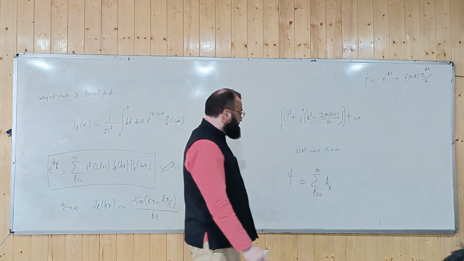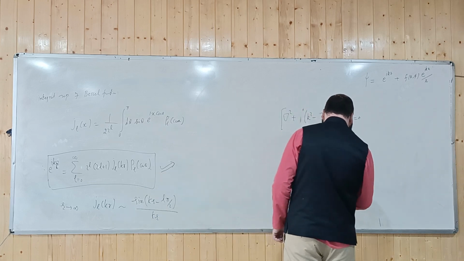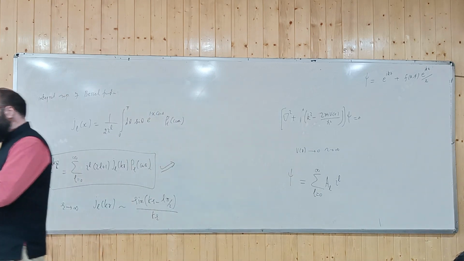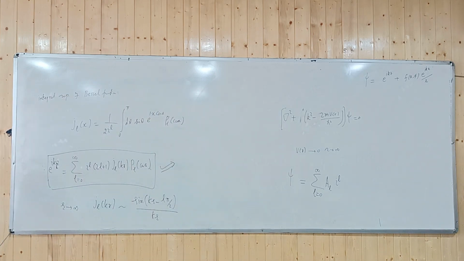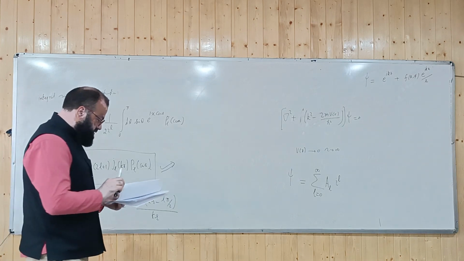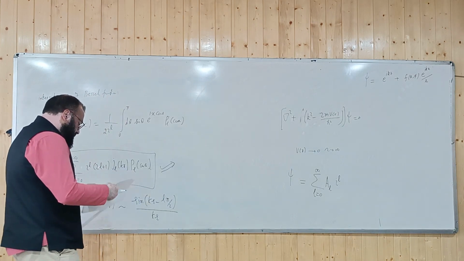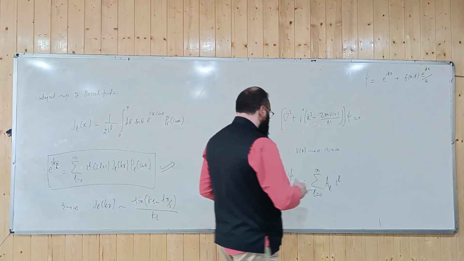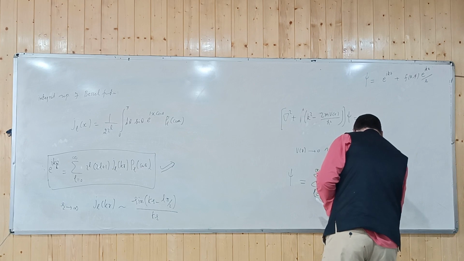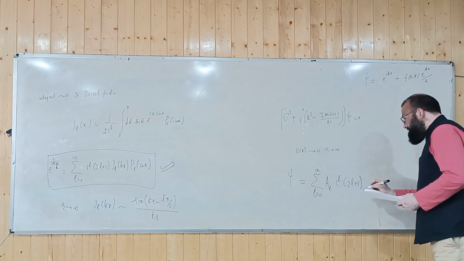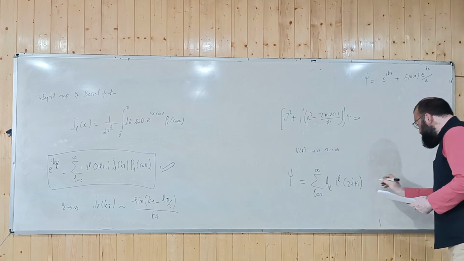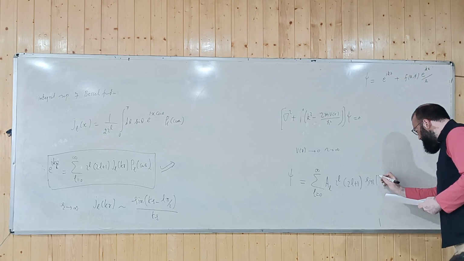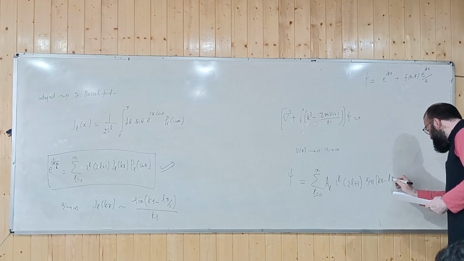Then I write the same thing: 2L plus 1, then what is J in the asymptotic limit? Sine, K R minus L pi by 2.